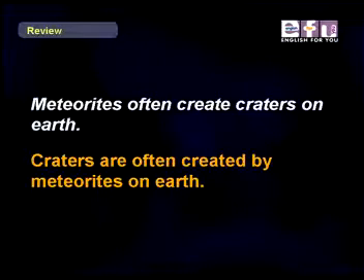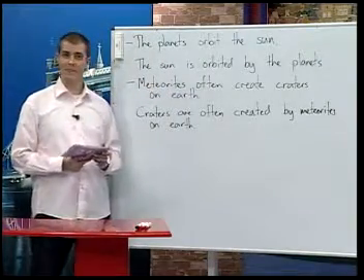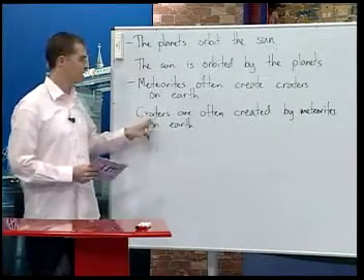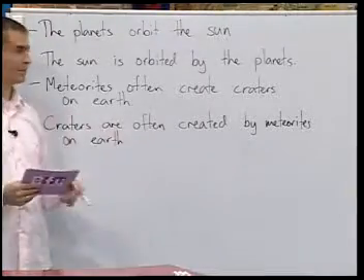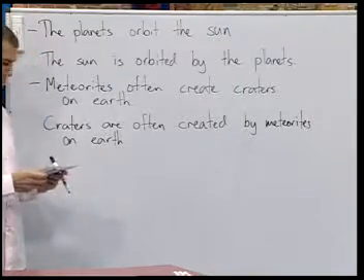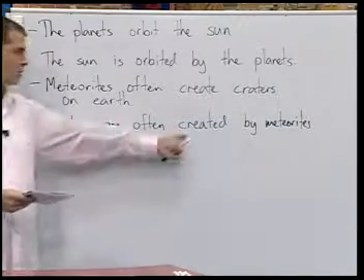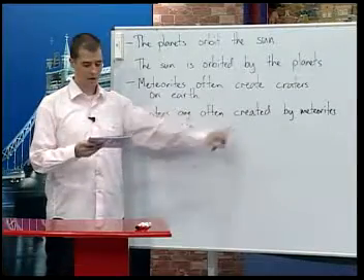Craters are often created by meteorites on Earth. Be careful. This is crater. This is created. There's nothing, they are completely different. You remember crater? And this is create. It's like make, to make.